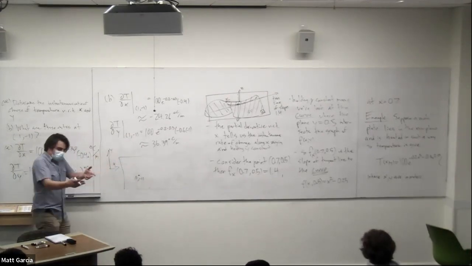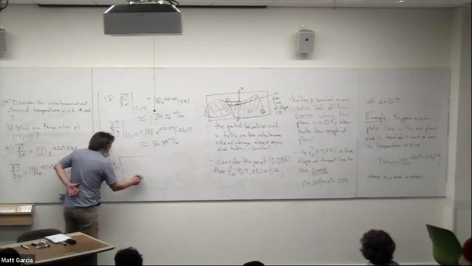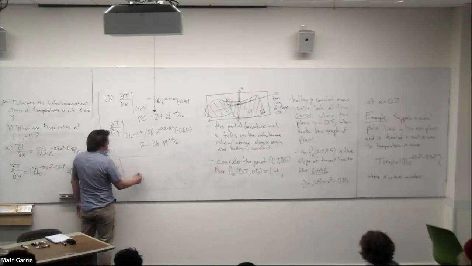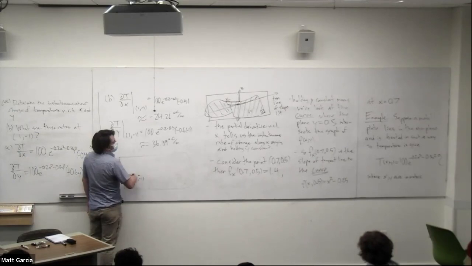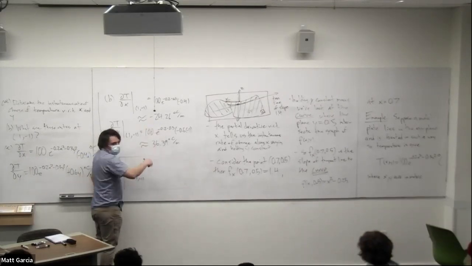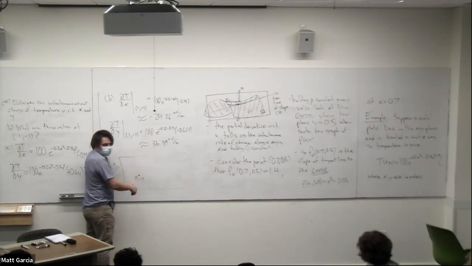What this is saying is, if you're at this point and you move in the x direction, then your temperature is decreased. Move in the y direction, and your temperature is increased, at this point.